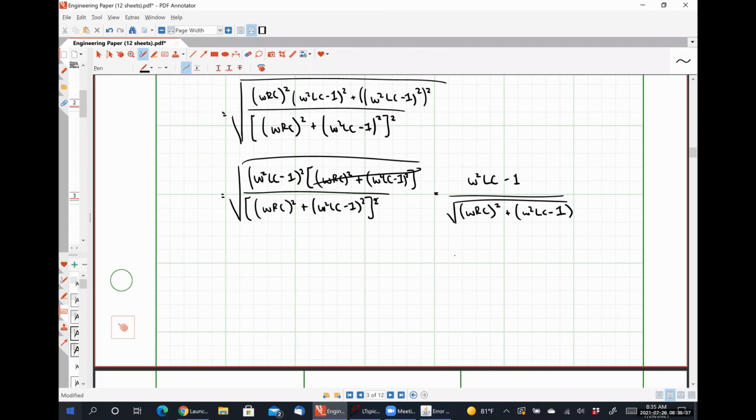So when omega is equal to 0, it's going to look like negative 1, because we're going to have 0 minus 1, so that's negative 1 over the square root of 0, so that part doesn't matter.